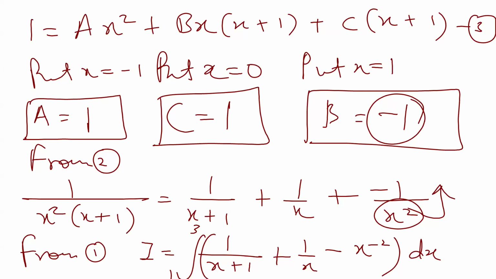Ha, I have substituted wrong. Sorry. In place of b, I have put c, and in place of c, I have put b. Okay, so sorry for that. B is minus 1, so minus 1 should be in the middle over here, and C is plus 1. Be careful of all these things as well.